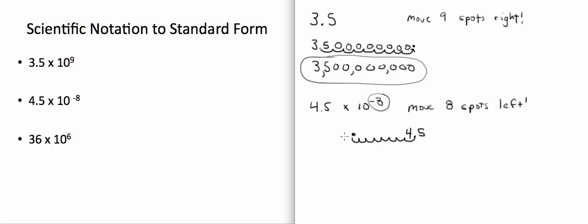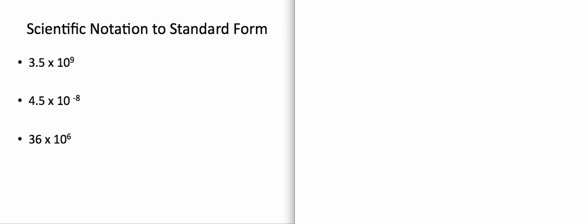Put our decimal point there. We have all those zeros, and we put another 0 in front. So this number, because it's a negative exponent, gives us a very, very small number.